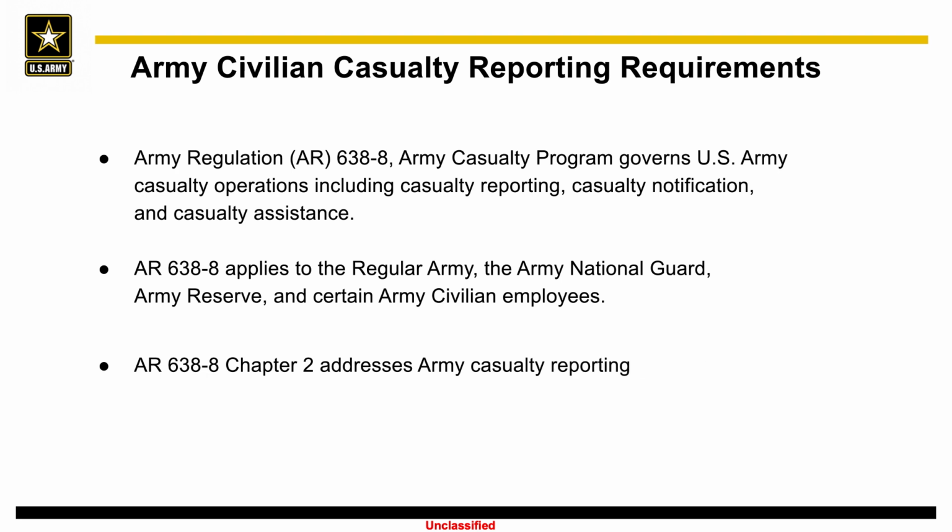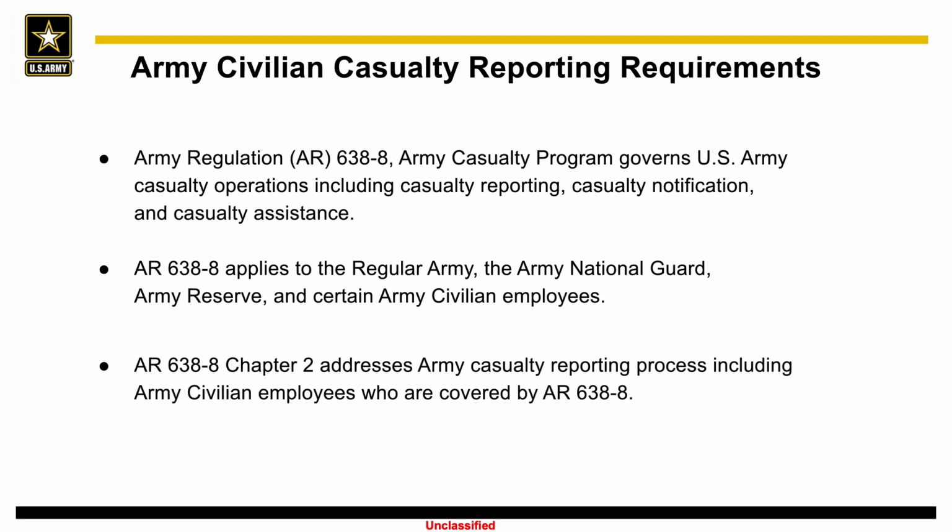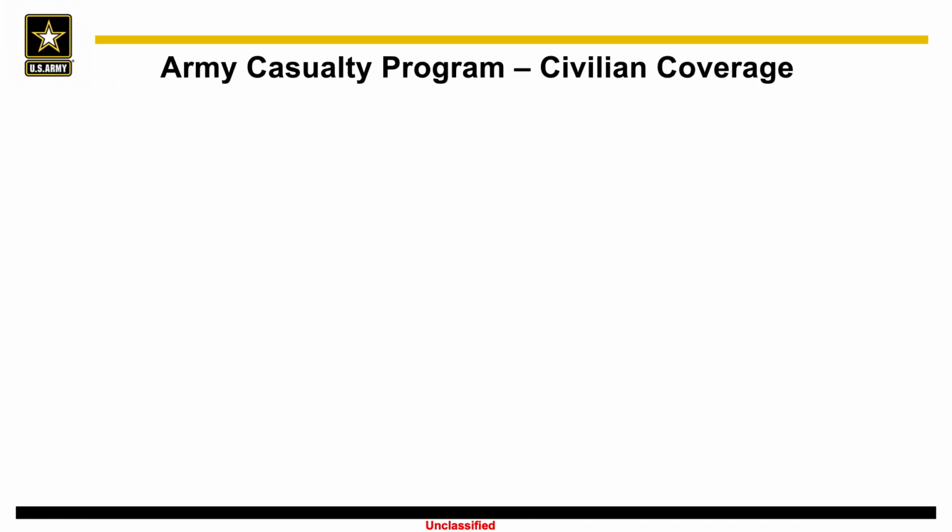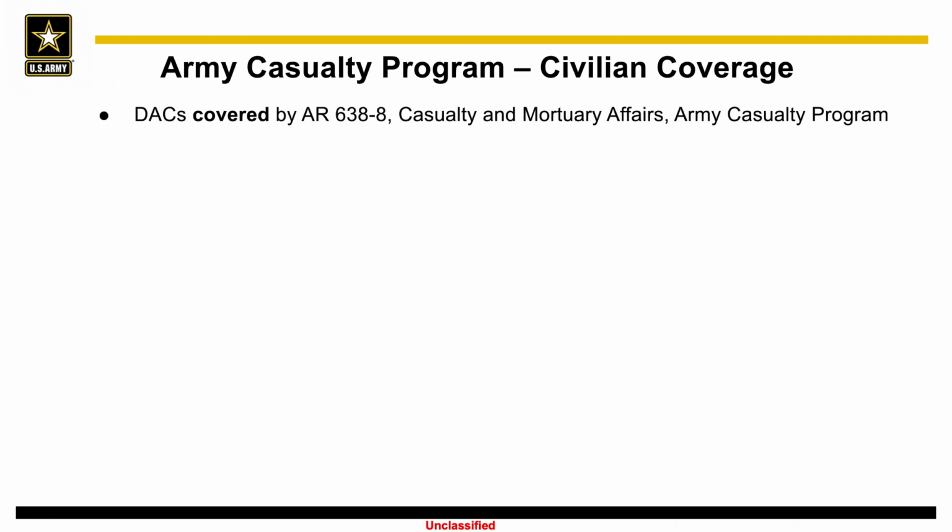AR 638-8 Chapter 2 addresses the Army casualty reporting process, including Army civilian employees who are covered by Army Regulation 638-8. Army civilian employees covered by Army Regulation 638-8 are: 1.